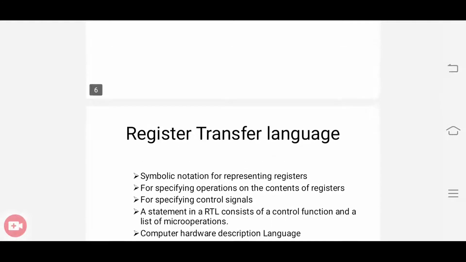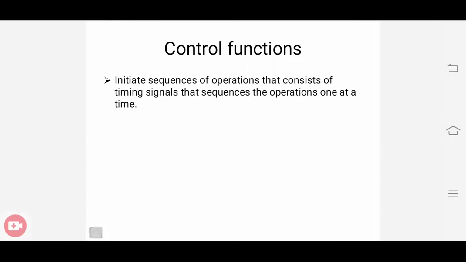And the fourth component is control functions. It initiates sequences of operations that consist of timing signals that sequences the operations one at a time. Control functions, it initiates this micro operations based on a time or timing signal.